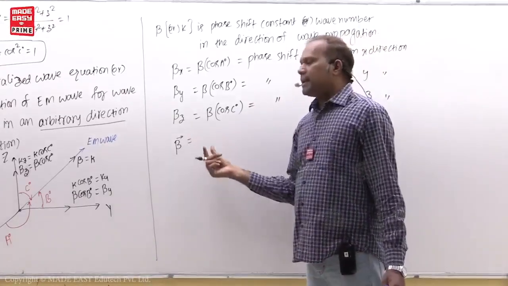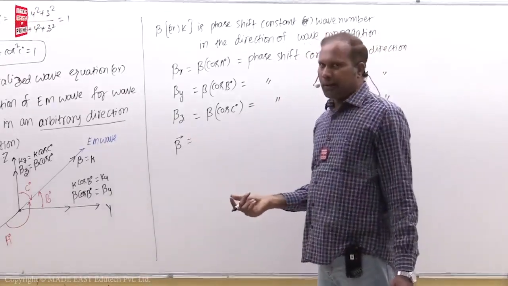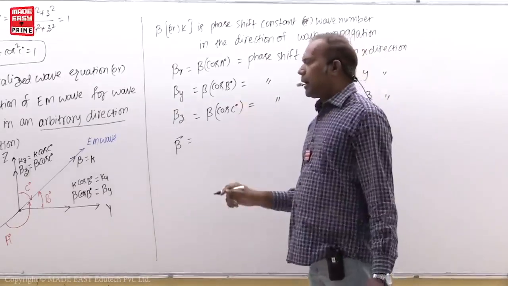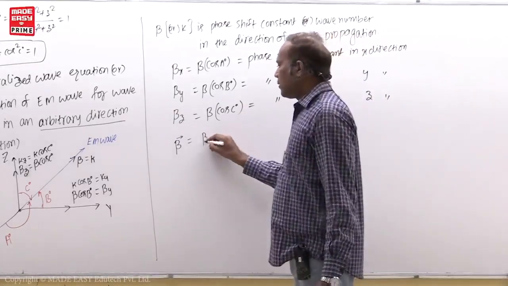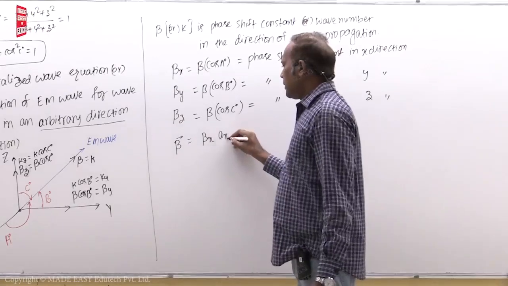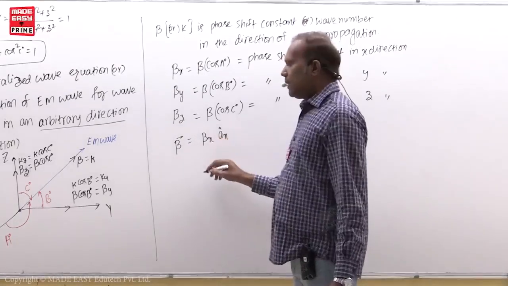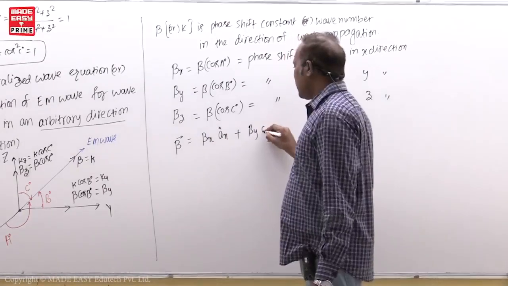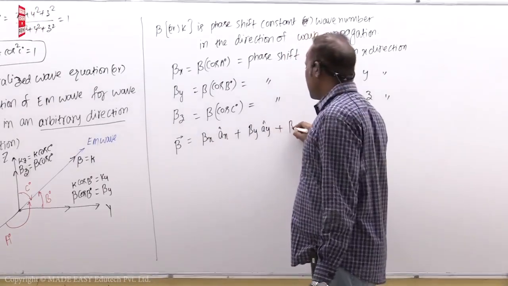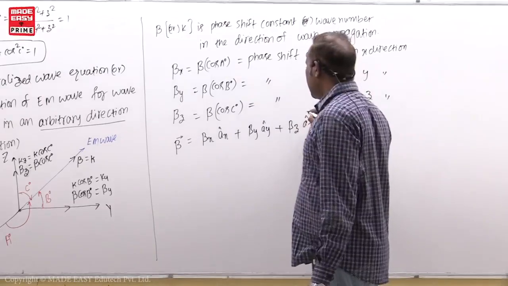So beta bar is nothing but the wave number vector. Beta bar is equal to beta x ax plus beta y ay plus beta z az.